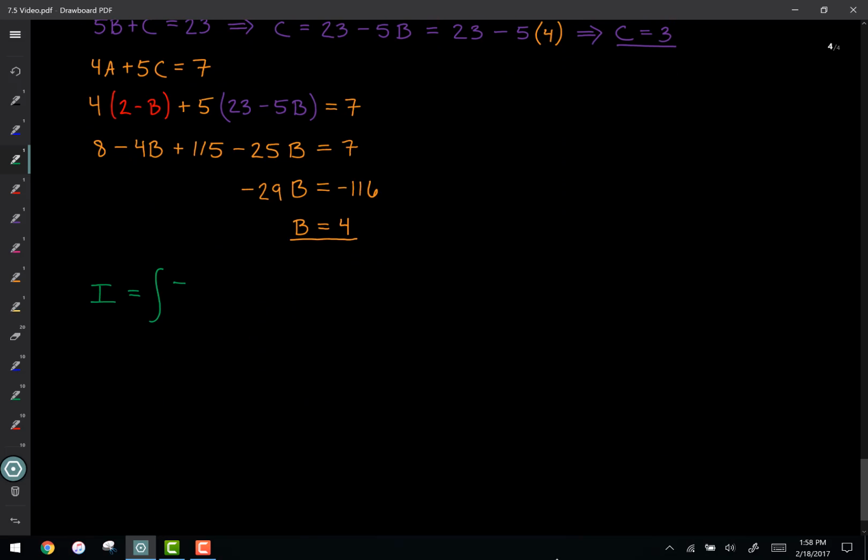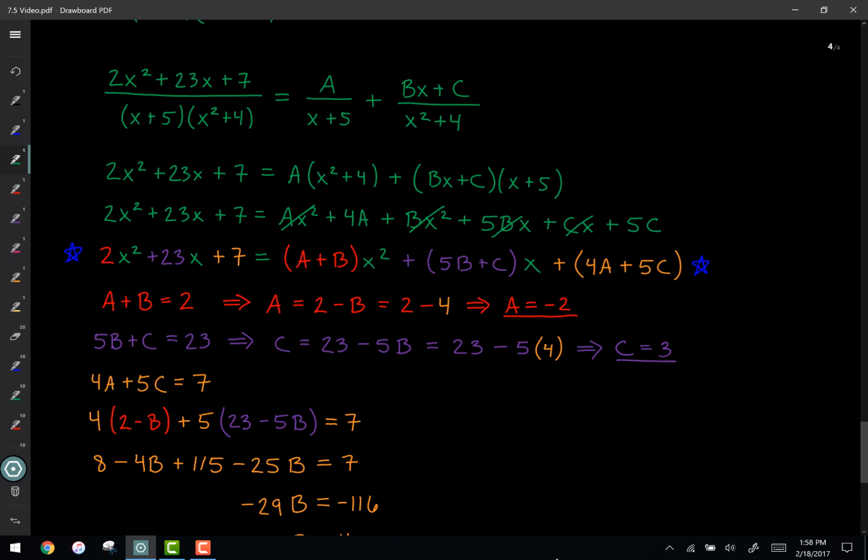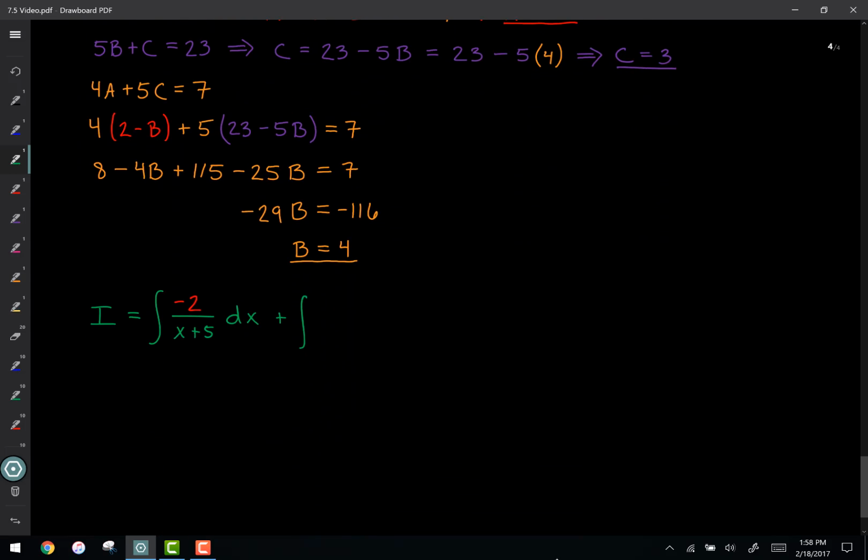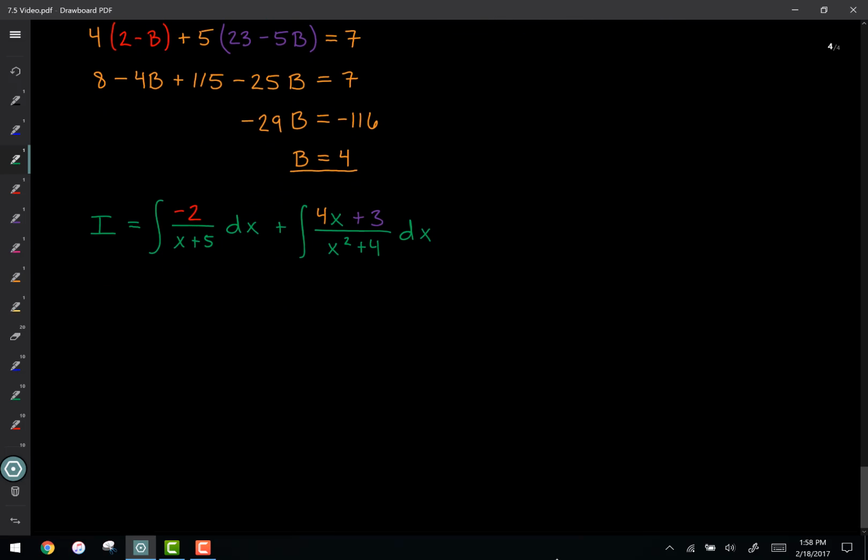So negative 2, might as well just so you can see the colors, negative 2 over x plus 5 dx, plus the integral of bx plus c over x squared plus 4, where b is 4 and c is 3. So we're going to have 4x plus 3 divided by x squared plus 4 dx.